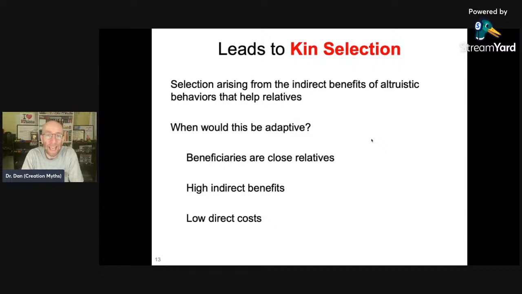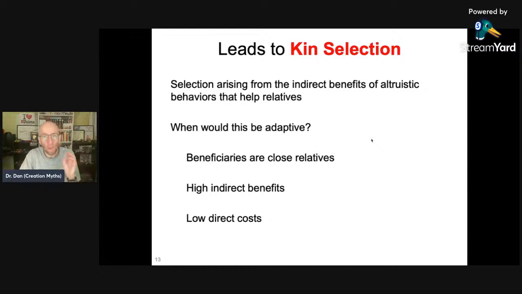When there are high indirect benefits, if more individuals are going to benefit, then you could potentially select for that behavior. And when the direct costs are low, when it's a relatively low risk behavior that doesn't impact your fitness as much, that also facilitates a situation where altruistic behavior is adaptive.